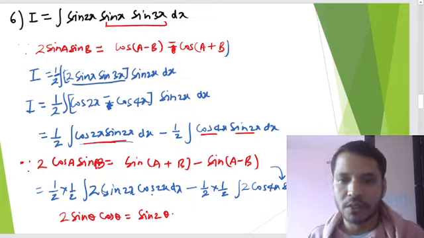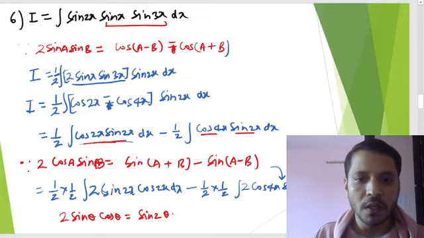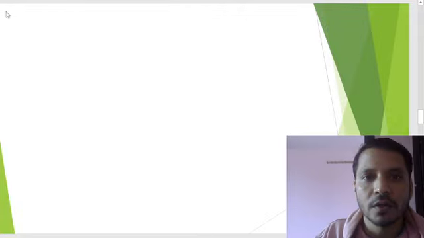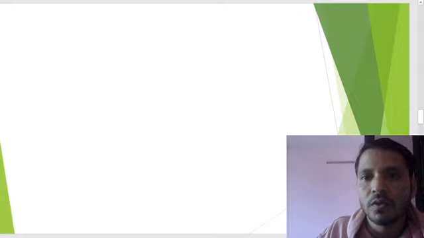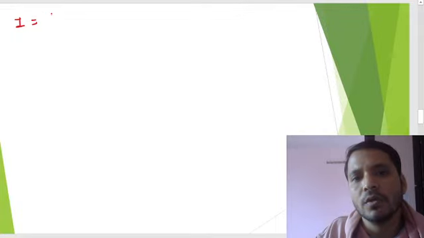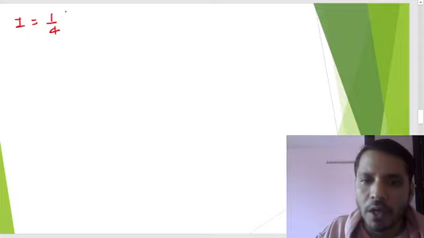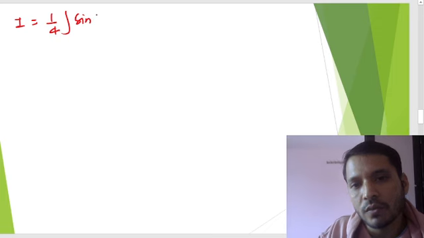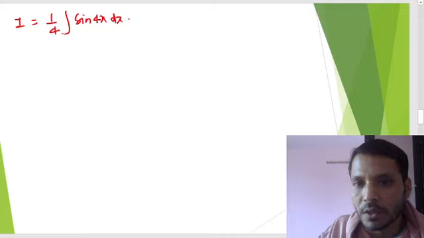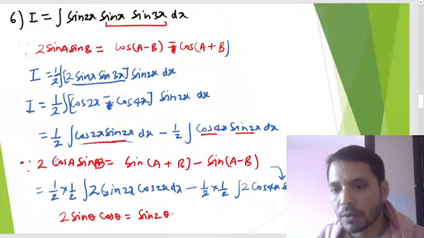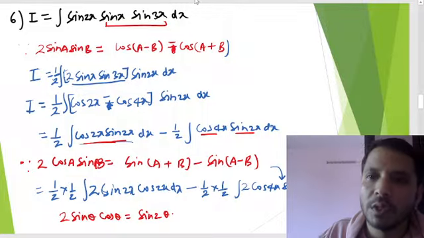So now the first term, here it will become 2 sin, I is equal to 1 by 2, it will become 1 by 4 integration of sin, 2 will become now 4x into dx, and here it is minus sign, this one minus 1 by 4 and cos 4x and sin 2x is given.